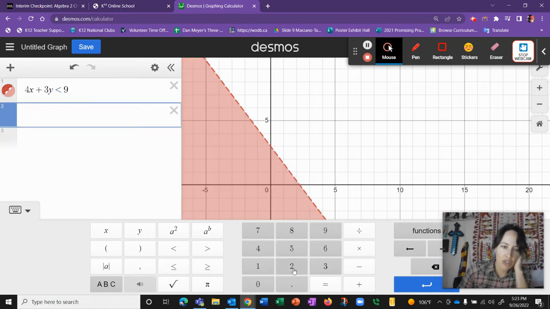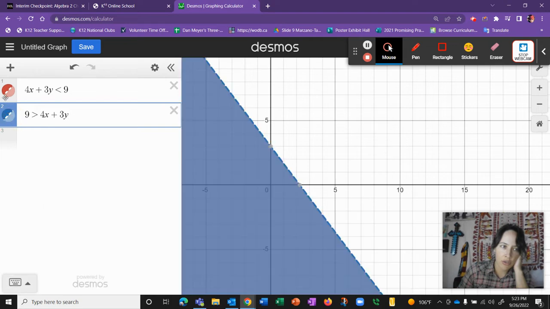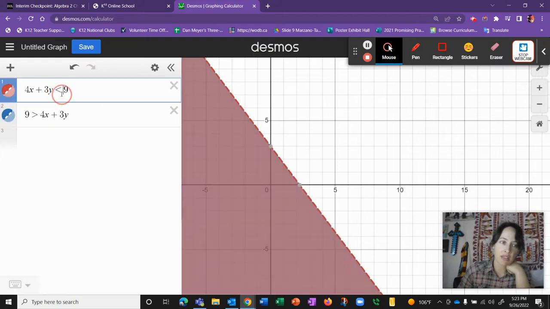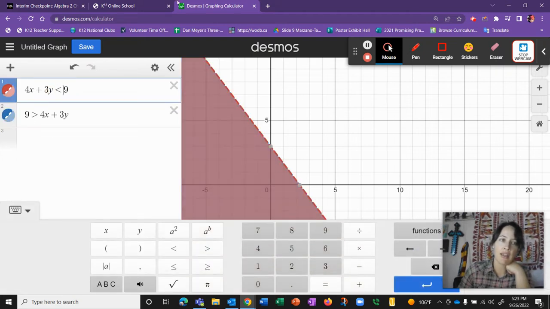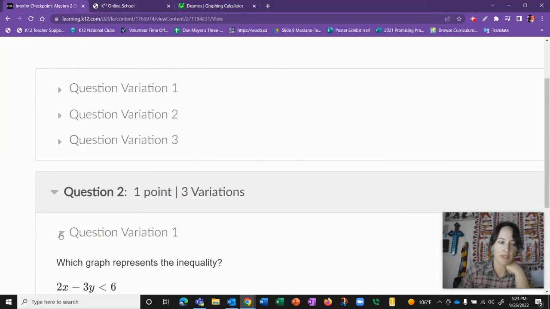Well, would it change if I did 9 and I kept the big mouth, see how the big mouth, and then said 4x plus 3y? Oh, look at that. The blue is right at the same spot as the red. It just looks different. Use this to explore those ideas. Type them in here, see what you see, helps you solve on your graphs, okay?